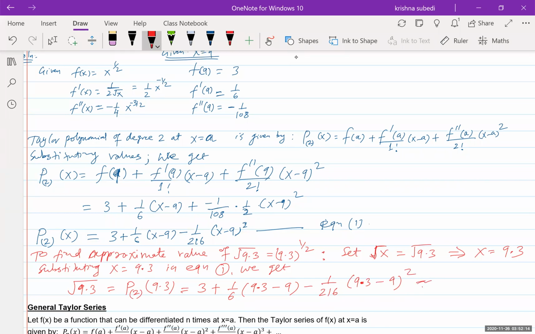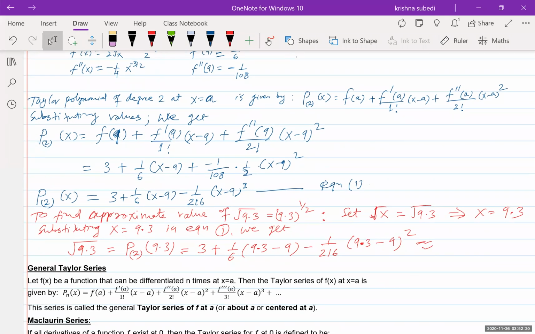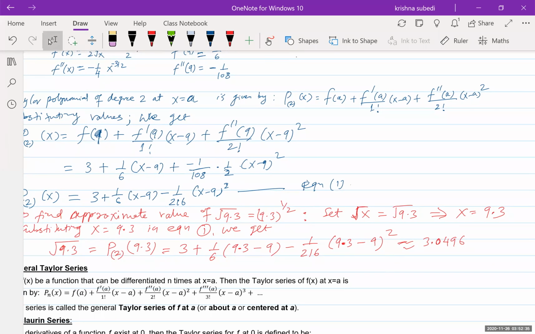Use your calculator and let me know what is your answer. When I'm plugging all these values into my calculator, it gives me 3.0496, and I want to verify that answer with you. Yes, I got the same.